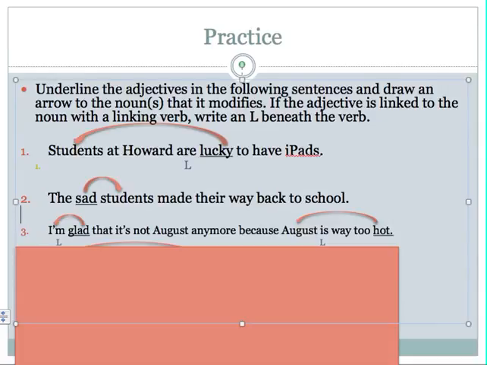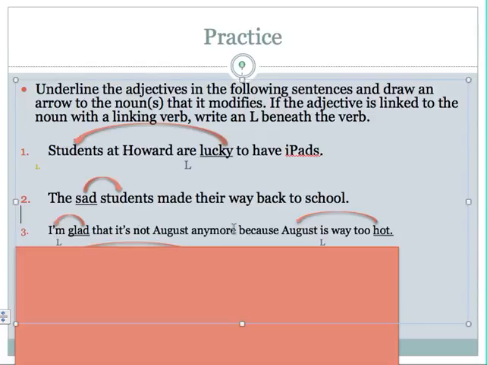If I've got an apostrophe M, that means that it is shortening I'm to I am. Am is one of the conjugations of the infinitive to be, which is a linking verb. So I've got I, linking verb am, glad, adjective.